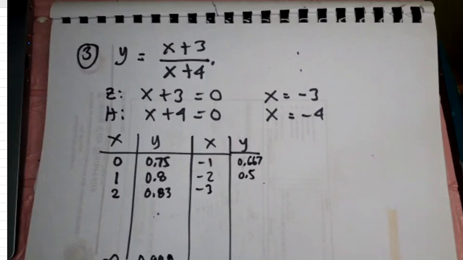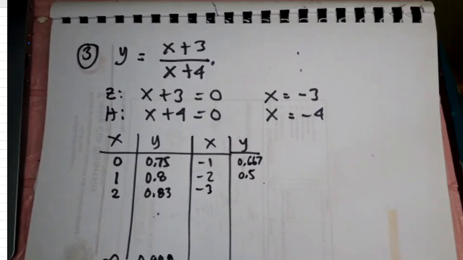What about negative 4? That is not allowed. Negative 4 is undefined. Okay, undefined. About negative 5, that is equal to 2, and so on.